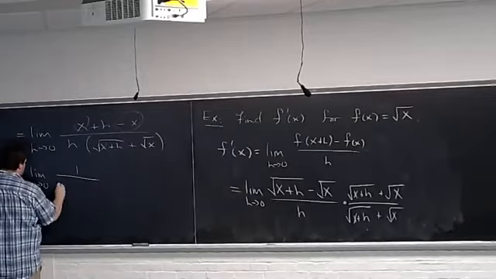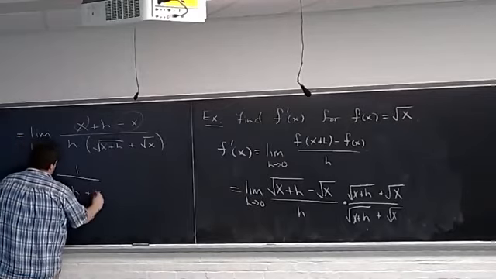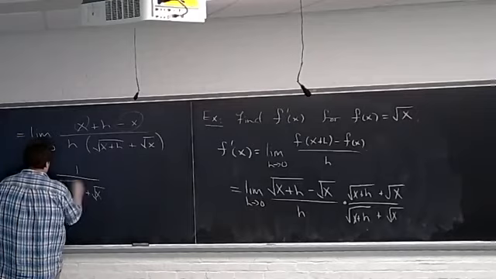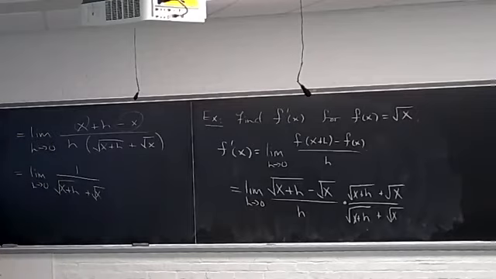I'm going to do those two steps in one step. x minus x is 0, and then we have just h on top, which will cancel with that h on the bottom, leaving us with 1 over square root of x plus h plus square root of x. And now we can let h equal 0 and simplify.